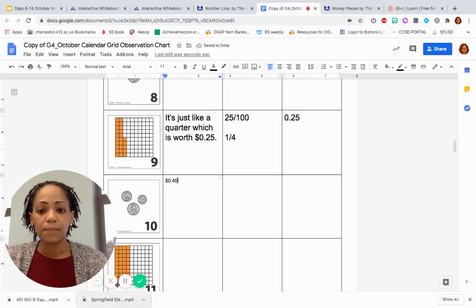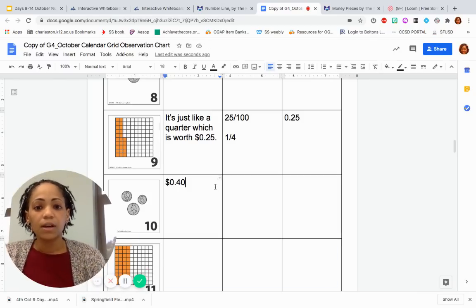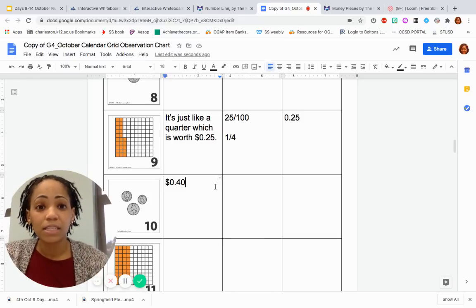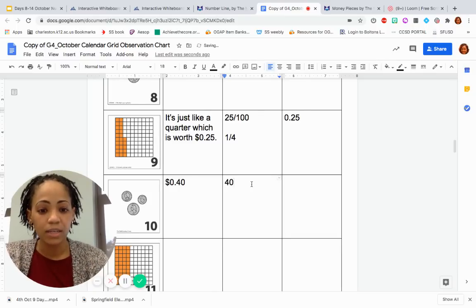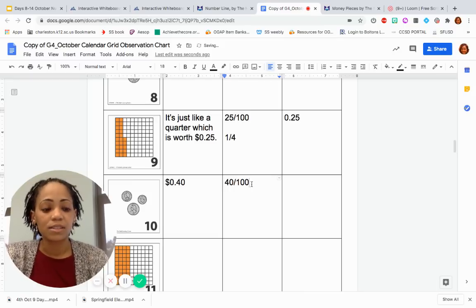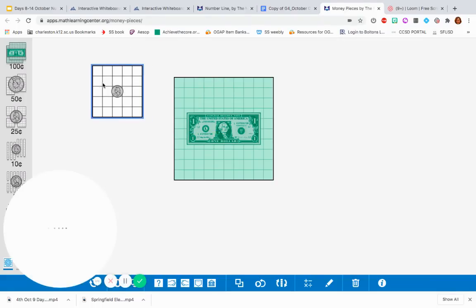All right, so it's 40 cents. We don't have to relate it to money because it is money. So then how would I write that in a fraction? Right, it will be 40 hundredths. Or let's look at our Money Pieces again.